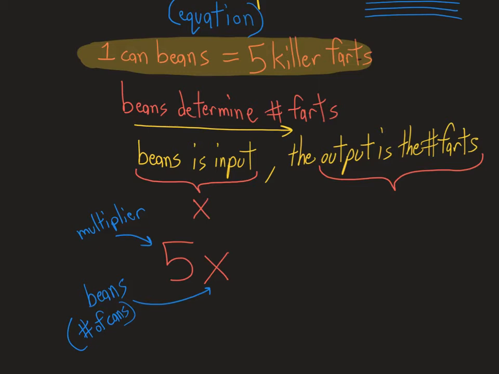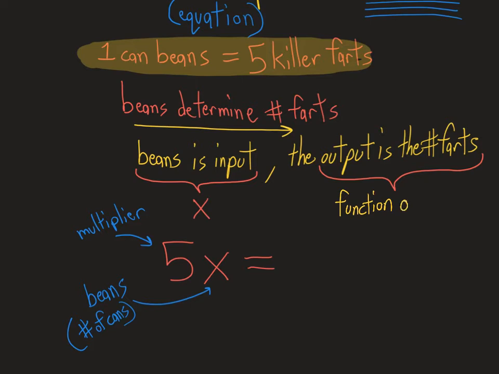And that's going to equal the output of our farts. And we're going to say that those are the result or the output. And so however many farts I end up with, it's really a function or a calculation of how many cans I ate of beans in the first place.